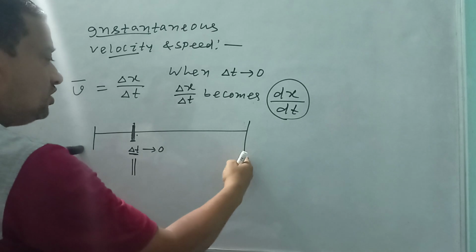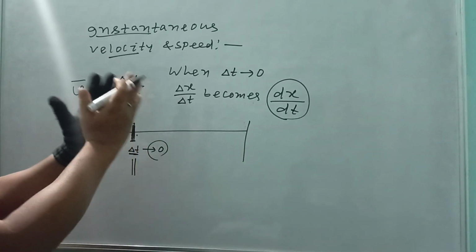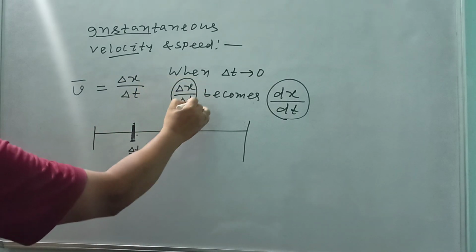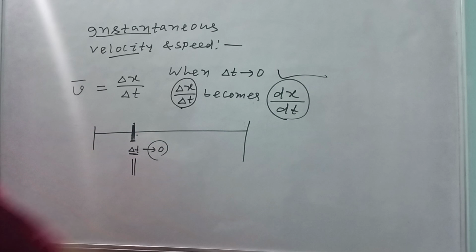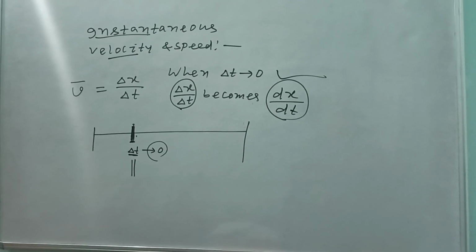But if the time interval is very small, tends to 0, I mean these 2 points are very close, then that delta x by delta t becomes dx by dt, which is instantaneous velocity, and from that you can also calculate instantaneous speed.